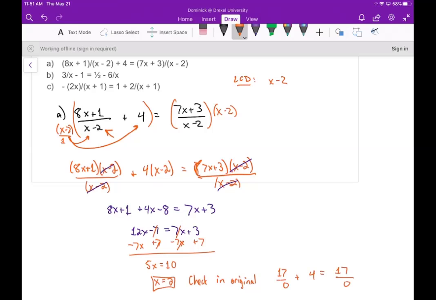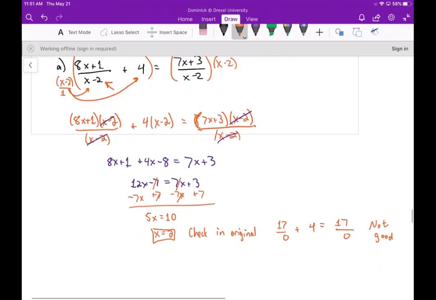So as soon as you have division by 0, this is not good. So you have to throw out x equals 2. This is no longer an answer. And since you're left with nothing else, this is no solution. So that's one thing you have to be careful of.